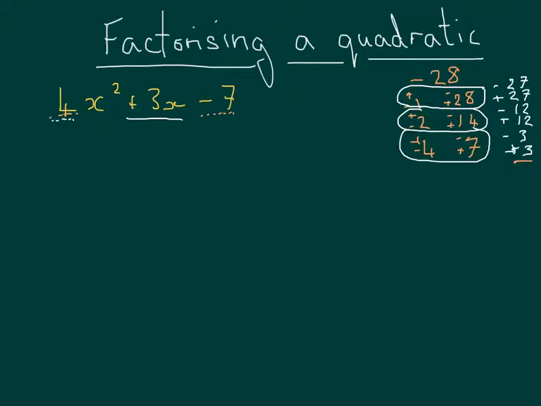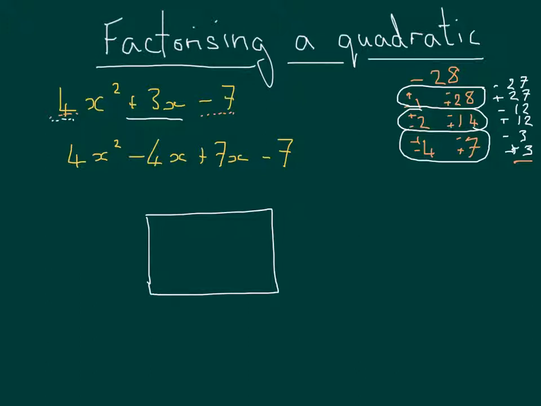So let's write it out again. We've now got our 4x squared, we've got our minus 4x, don't forget the x, and our plus 7x, followed by our number of minus 7. And as we have 4 terms, we are going to put that into a box with 4 parts to it.